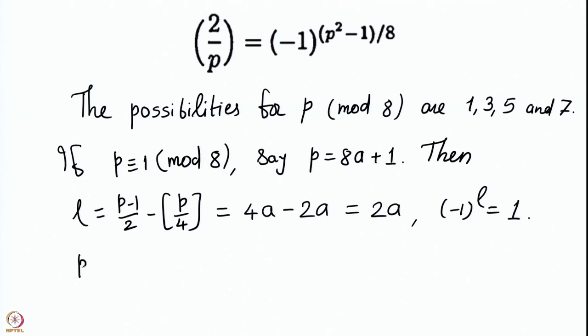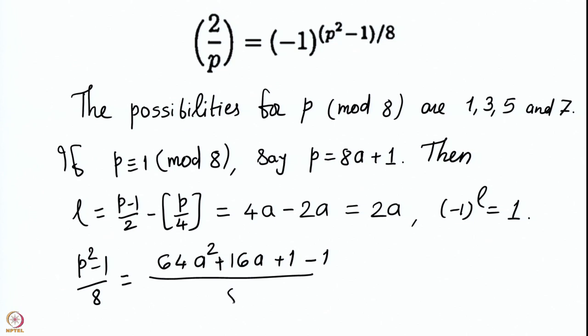On the other hand, (p square minus 1) by 8 is going to give you (64a square plus 16a plus 1 minus 1) upon 8 and we see that this is 8a square plus 2a and this also gives you the same power.